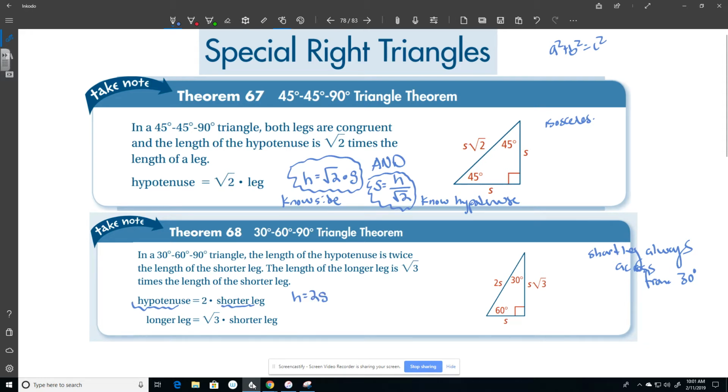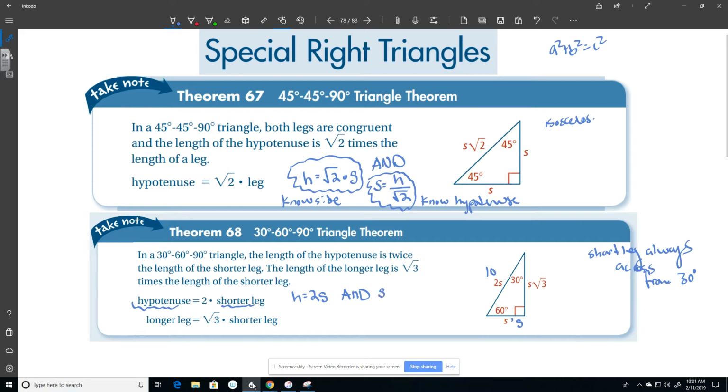So if I know my short leg is 5, then I know my hypotenuse is double that. Then my hypotenuse would be 10. Okay, so if I know my short side, I can find the hypotenuse. And if I know the hypotenuse, just like up here, I can divide by 2 to figure out a side.